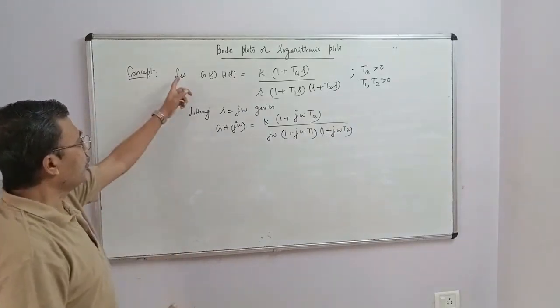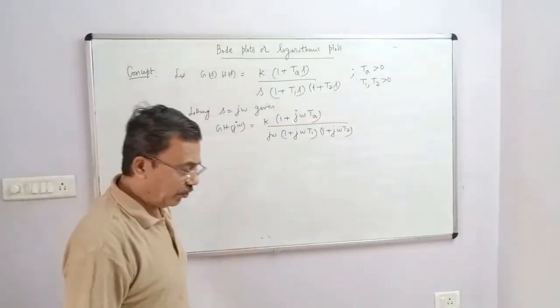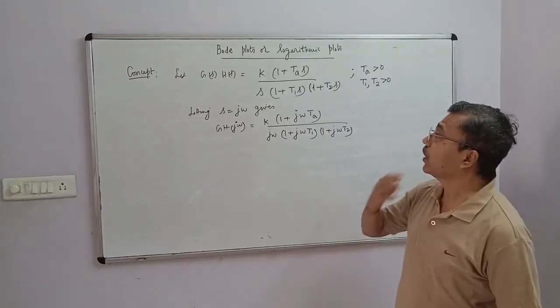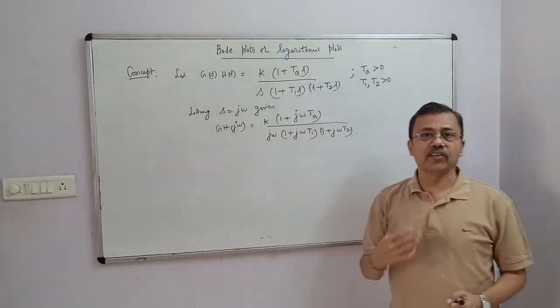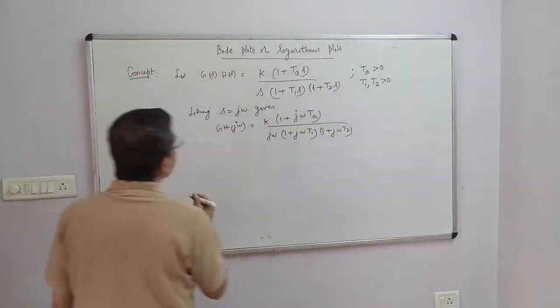By putting s equal to j omega, the transfer function gets converted into frequency response. Mathematically, if you put s equal to j omega, the Laplace transform gets converted into the Fourier transform.